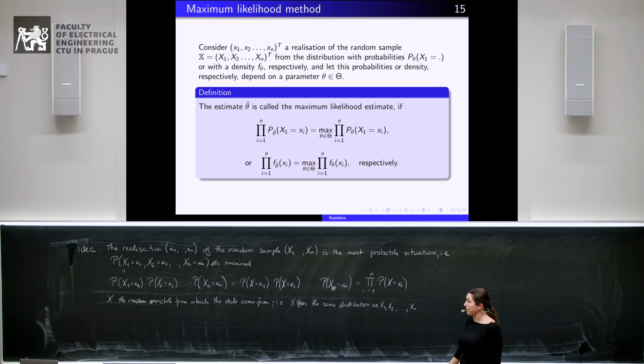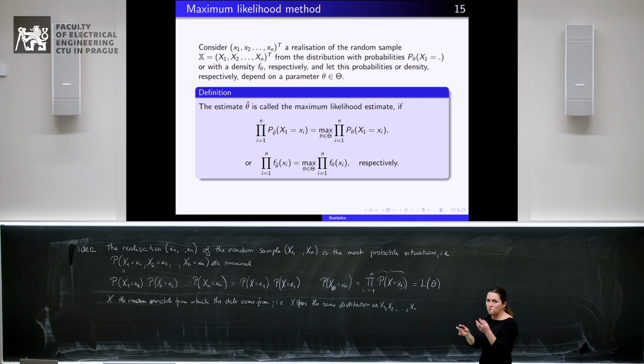to xi. And because we have the model for x, for example, x has the Poisson distribution, then we know this description. In this description, we know the value which we usually denoted as k, and we don't know the parameters. I will show you an example. So it means that this is the function which depends on the parameter.